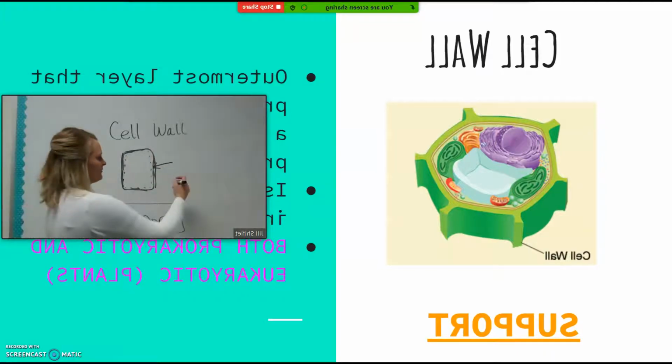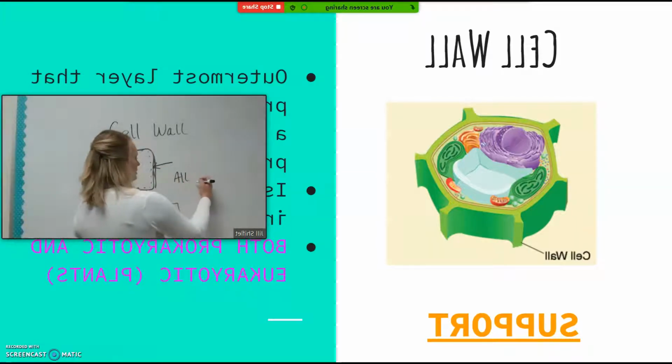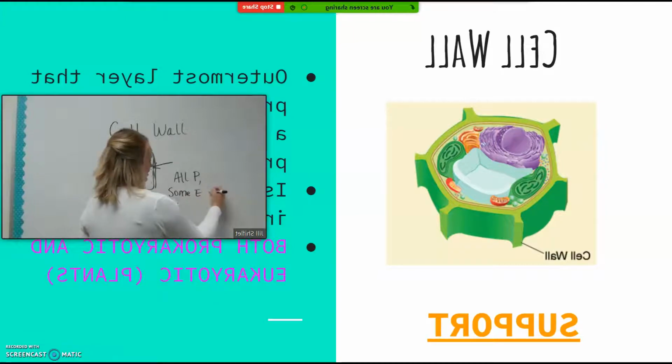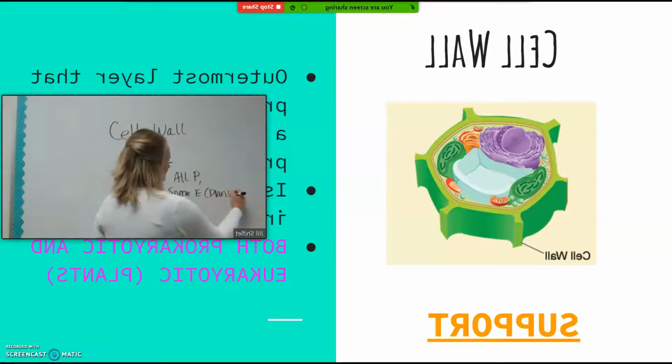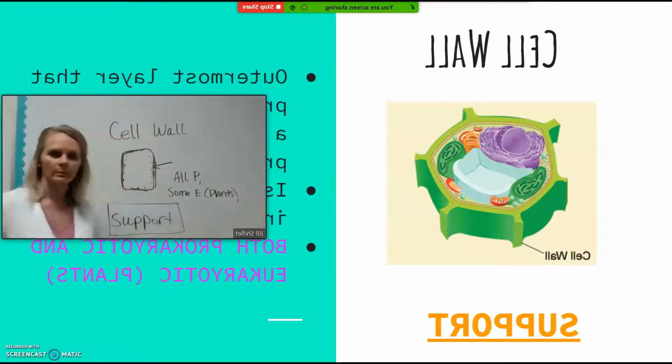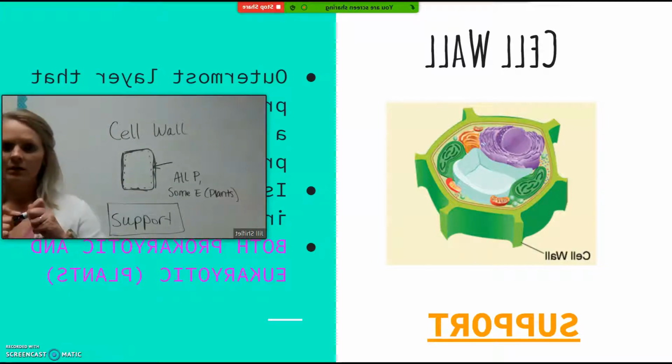And I find it in all prokaryotic cells and in some eukaryotic cells, like plants. Okay, so that's what needs to go into your box for cell wall.